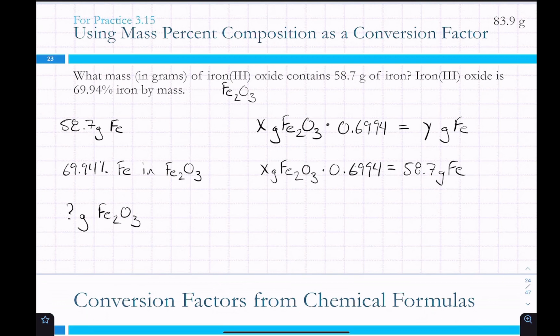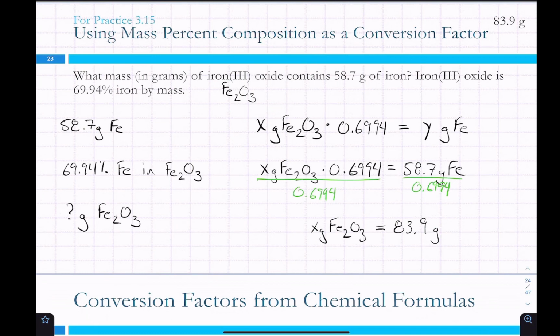So now divide both sides by 0.6994, and that'll tell us how many grams of iron oxide would contain that much iron. That should be 83.9 grams with the correct sig figs.